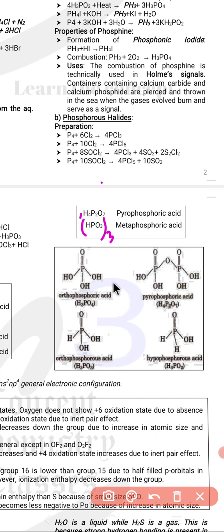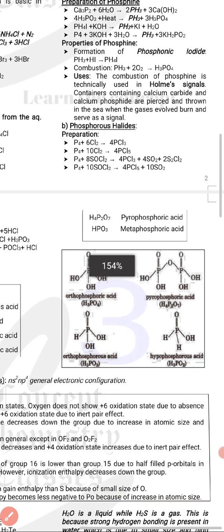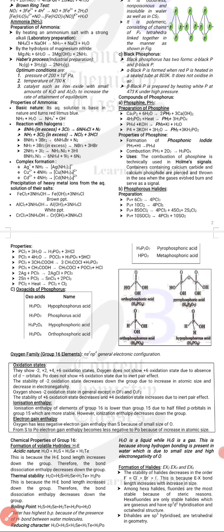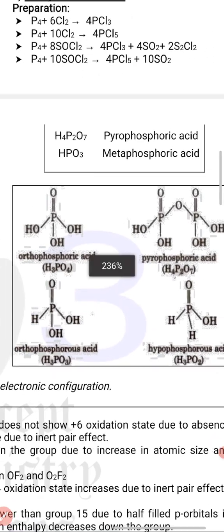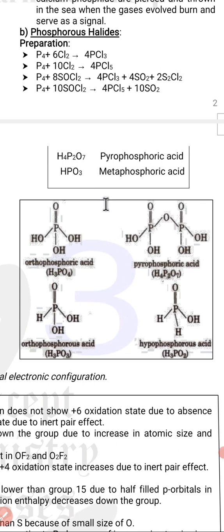Okay, now in the exam, a question can be the basicity of these oxoacids, right, and the structure can be asked in the exam. So here are some structures of these oxoacids. These are some structures which can be asked in the exam. This is phosphoric acid.